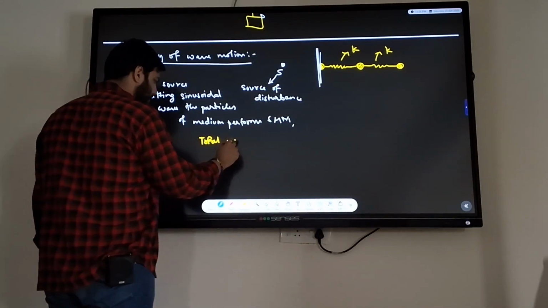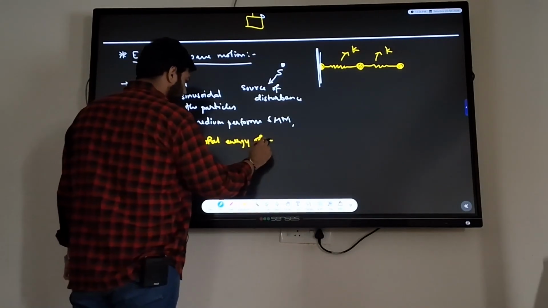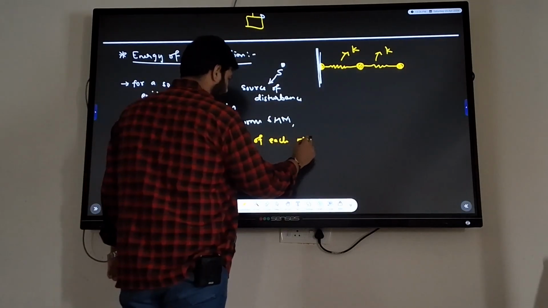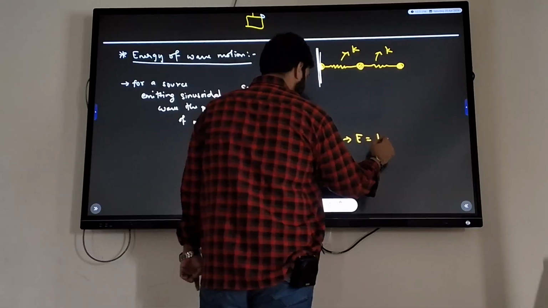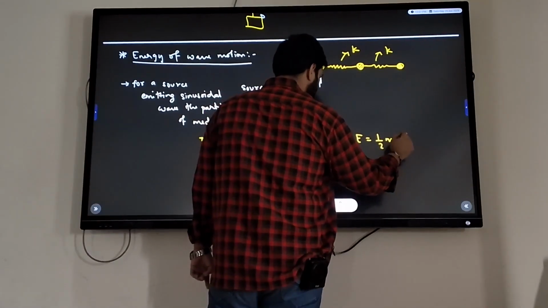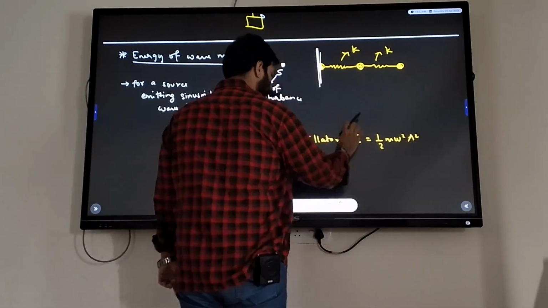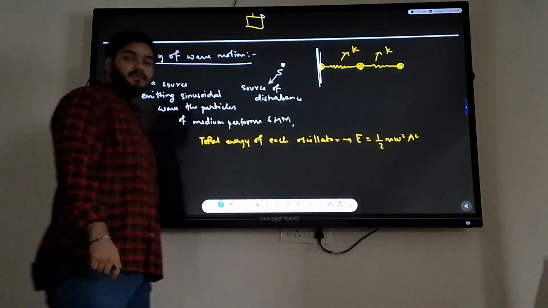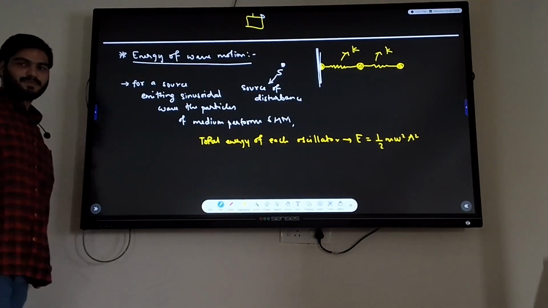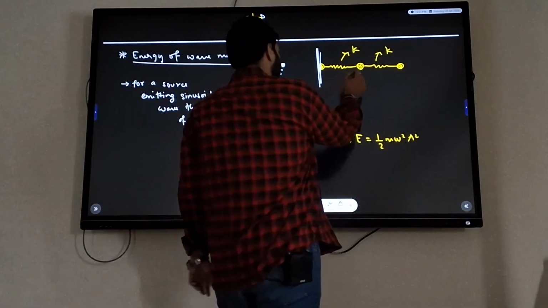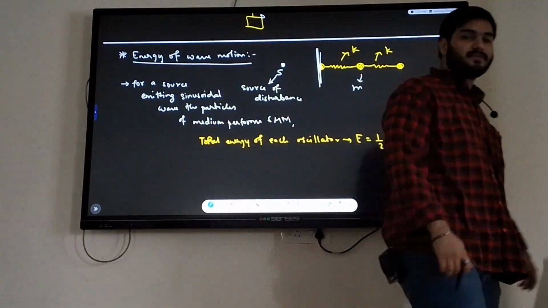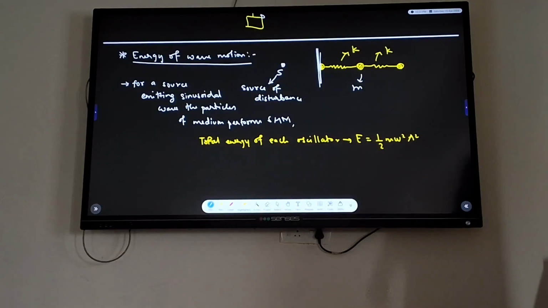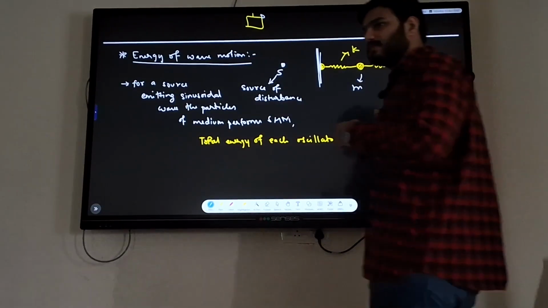The total energy of each oscillator, capital E, is half m omega square a square, right? Is it correct? What is m? It is the mass of each particle. What is omega? It is the natural frequency of each particle. What is a? The amplitude of oscillation. Everyone knows this?